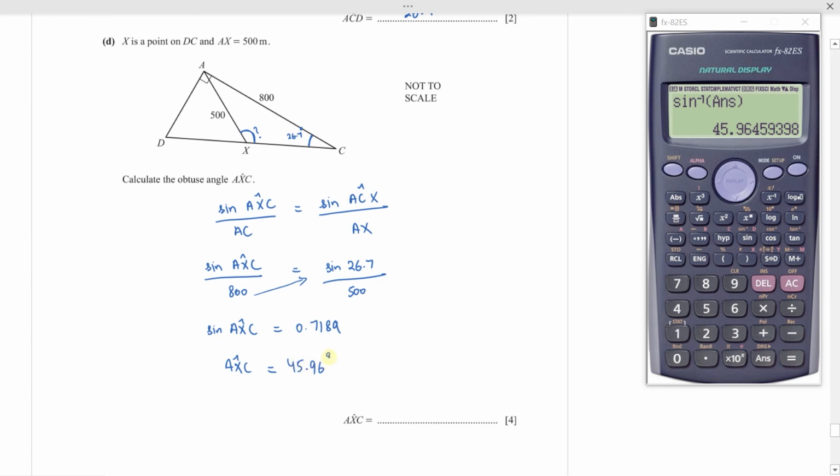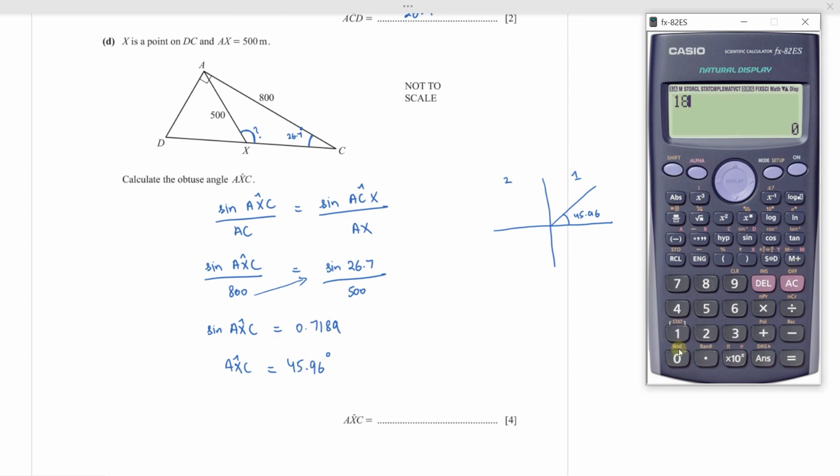which is 45.96 degrees. Since we are interested in finding the obtuse angle, and we know that the sine value is positive in the first quadrant and the second quadrant, if I take sine of 45.96, so 45.96 will be somewhere here, I will get 0.7189.